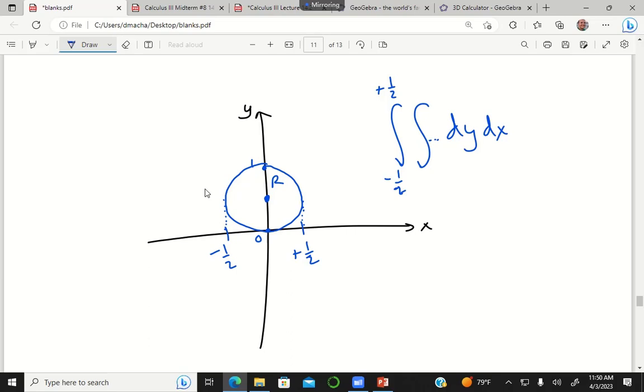To get the bottom semicircle, this would be 1/2 minus the square root of 1/4 minus x squared. And then the top would be 1/2 plus the square root of 1/4 minus x squared.